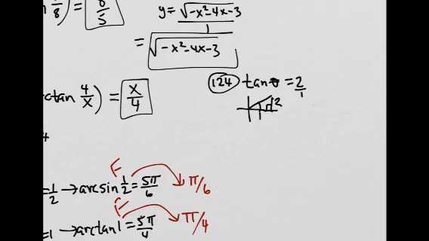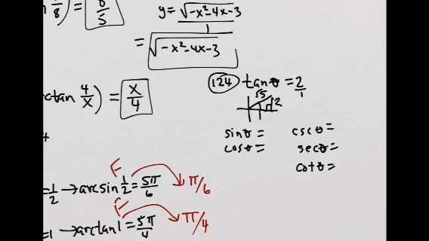So that means r is the square root of 1 squared plus 2 squared, which is 5, square root of 5. Okay? So from that, we're going to find sine theta, cosine theta, tangent theta is already there, and then cosecant theta, secant theta, and cotangent theta.